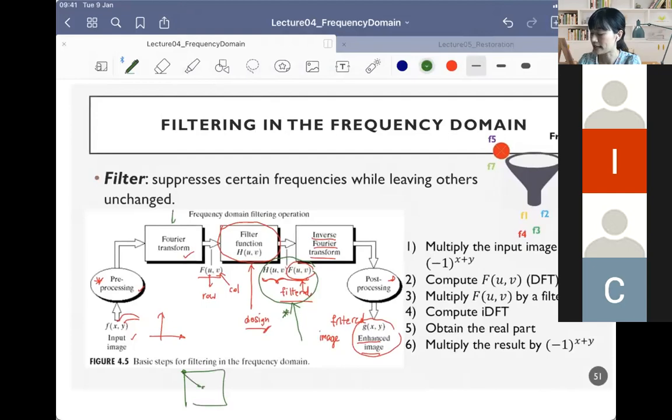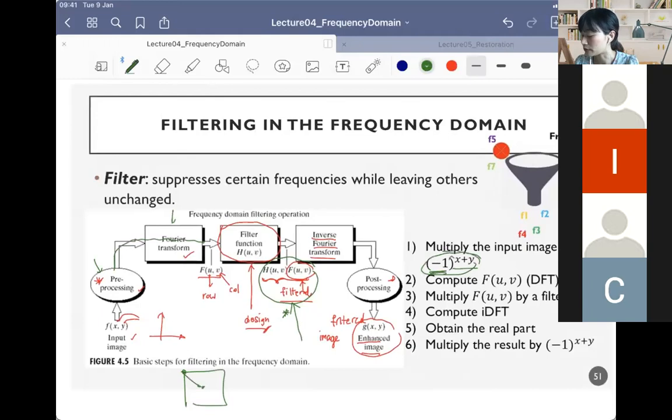And what has been said in here is that in the pre-processing, they have used the shifting property in the Fourier transform that I think I mentioned a little last week: you can multiply the original image by -1 to the power of x plus y. You will be able to automatically shift the origin to the center. So there's another way you can do filtering.